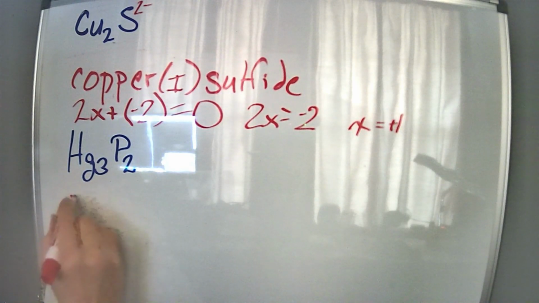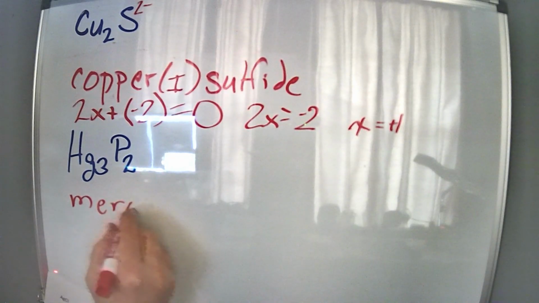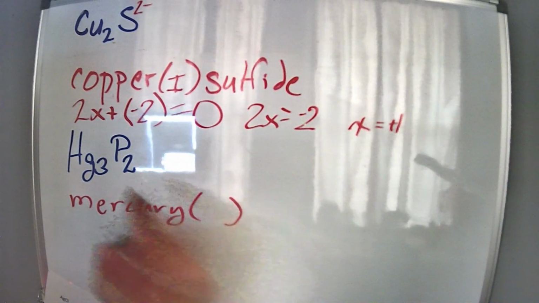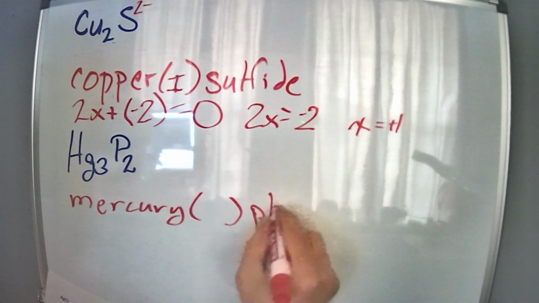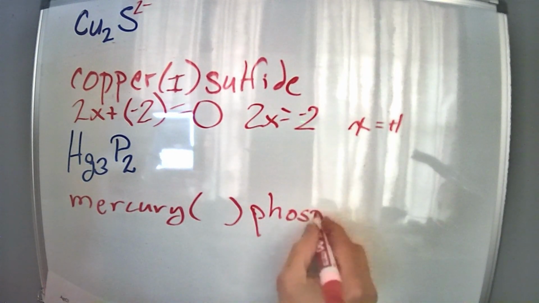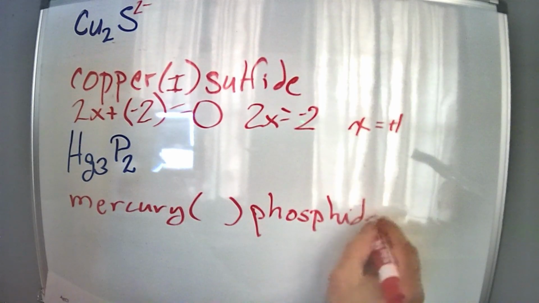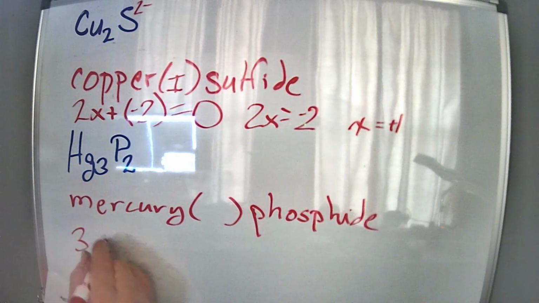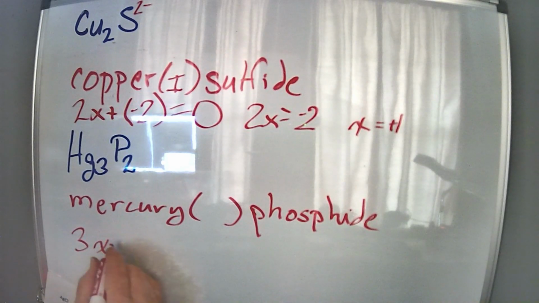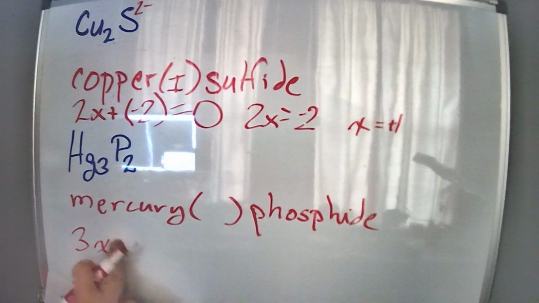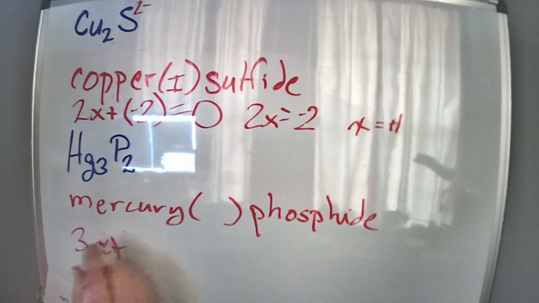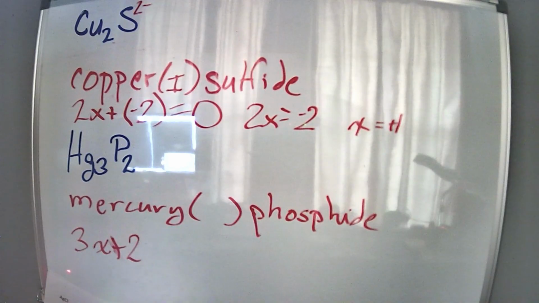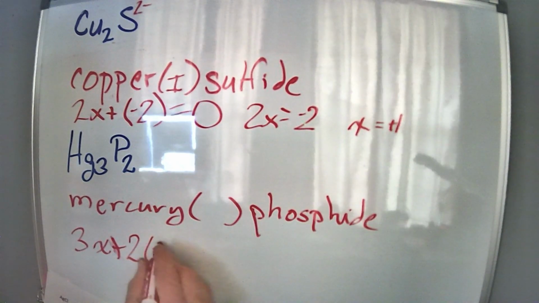Here we have mercury. Again, another one that has multiple oxidation states or multiple charges. And this is the phosphide ion. There are 3 mercuries that we don't know the charge on, because we have to figure out which one it is. We're going to add that to the charge on the phosphide. There are 2 phosphide ions, each of which has a charge of -3.